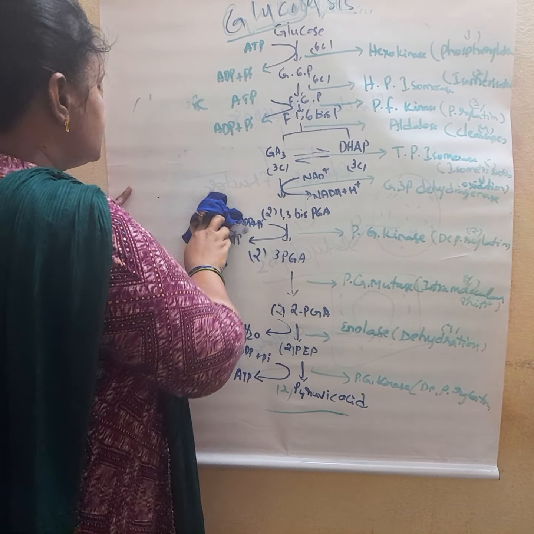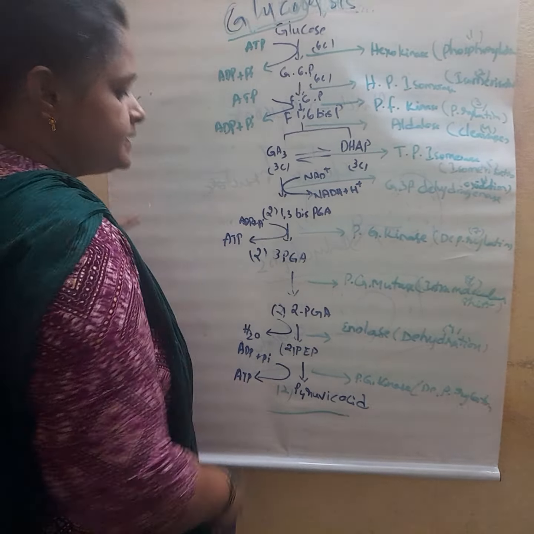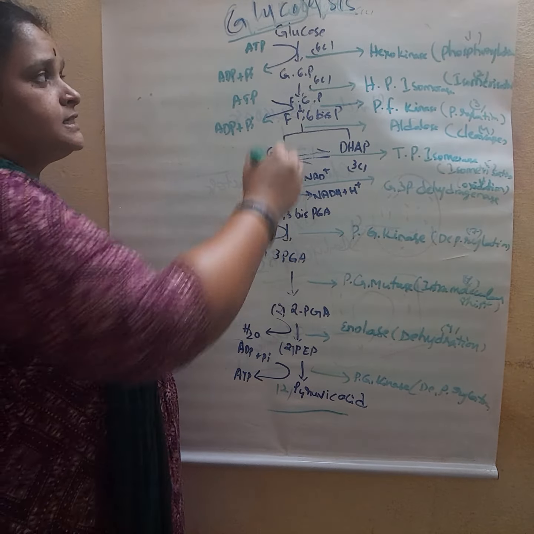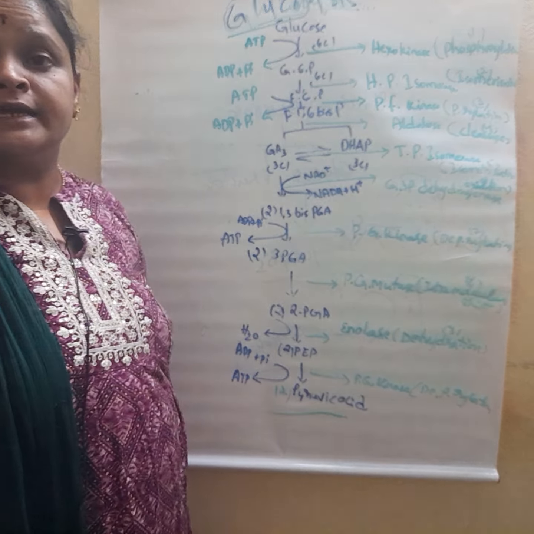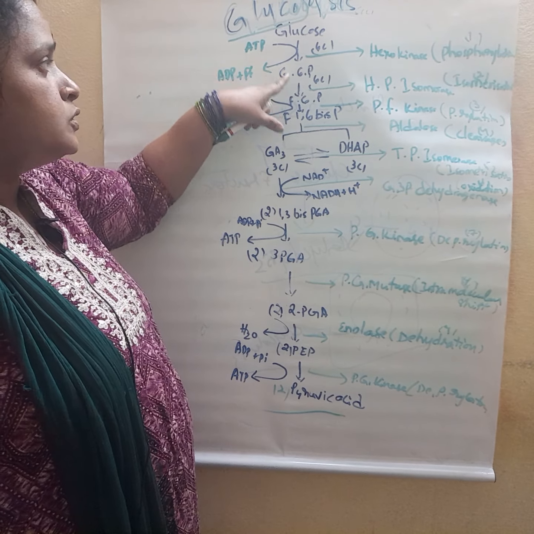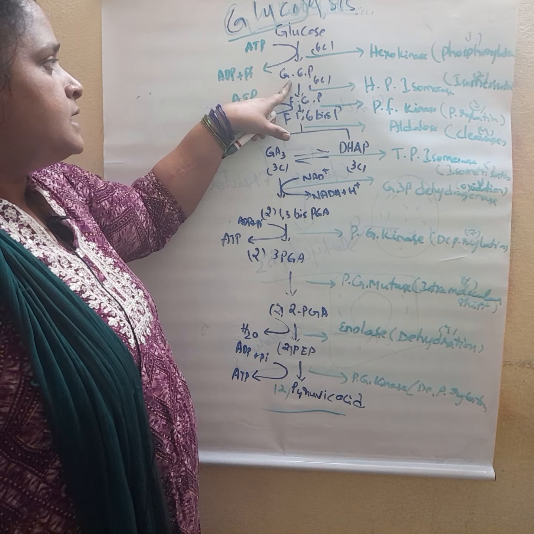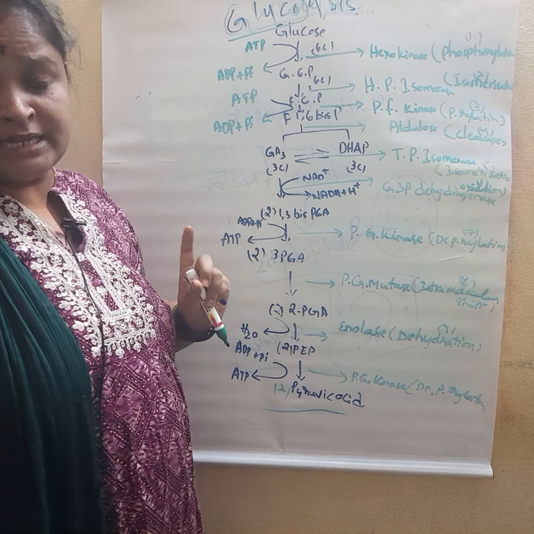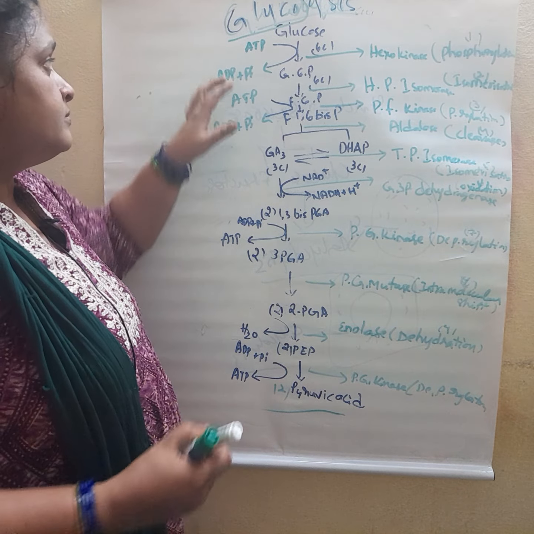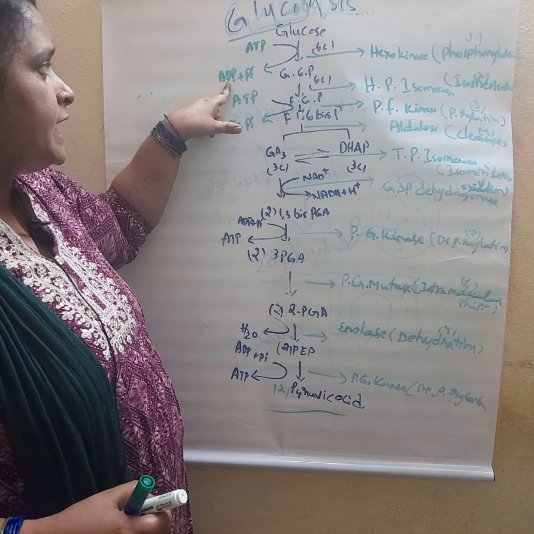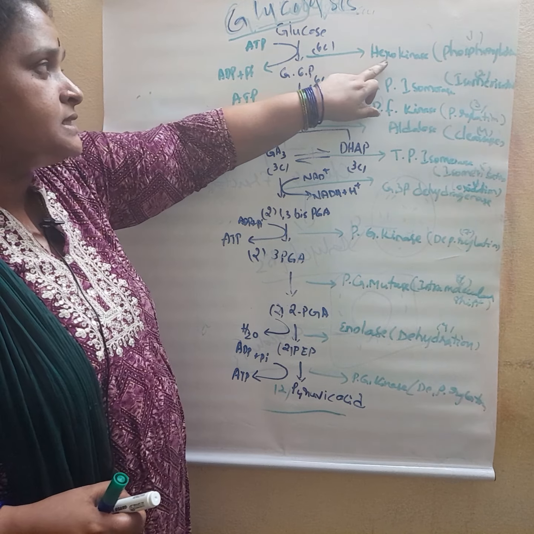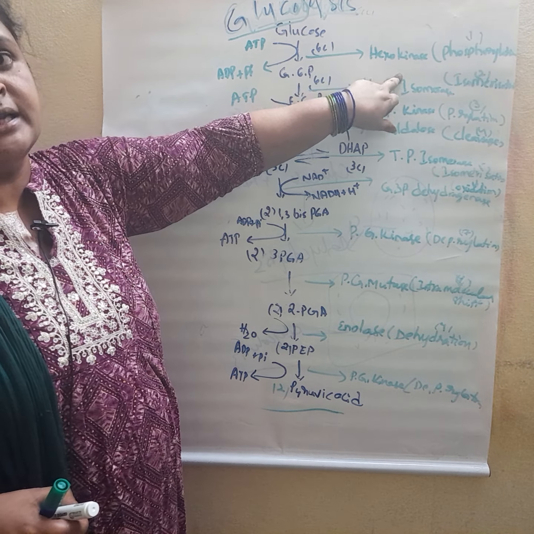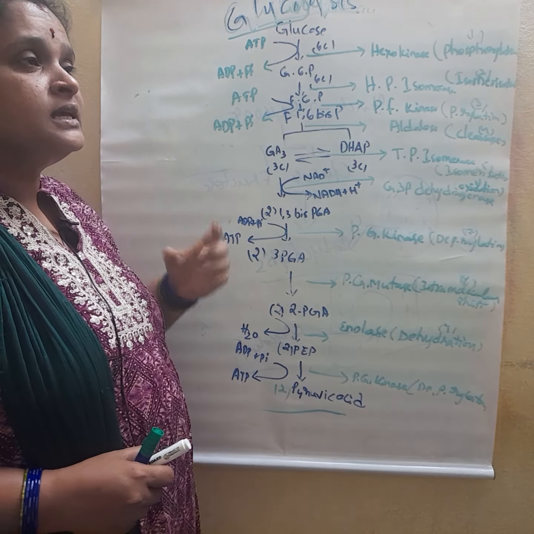Now we will discuss glycolysis. What are the steps involved in glycolysis? We will discuss in detail. Glucose, the first compound entering glycolysis, is converted into glucose 6-phosphate. That means phosphate is added. So ATP is converted into ADP and Pi, in the presence of an enzyme called hexokinase.